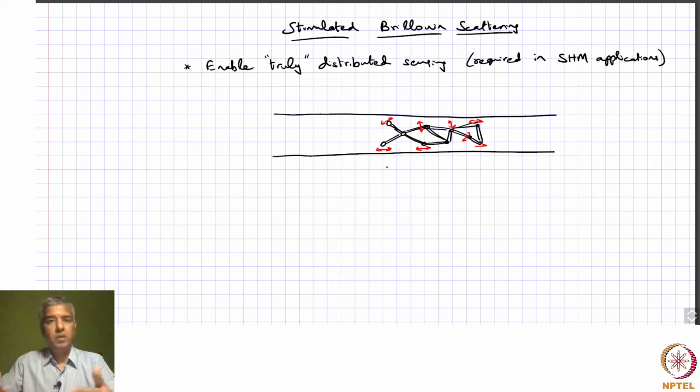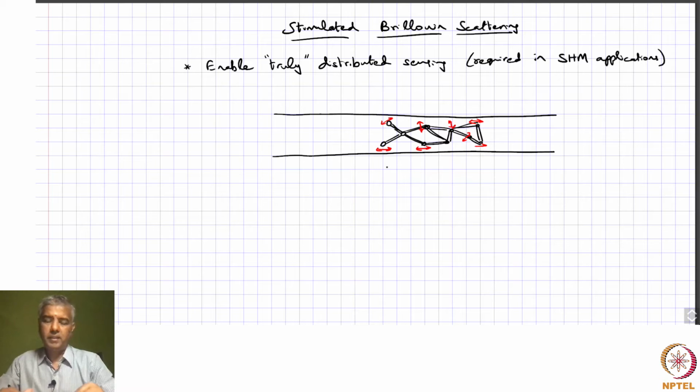So although when you look at a solid material, in this case a glass material, it looks nice and static, inside that material at room temperature there is a lot of activity happening, and one of those is actually these vibrational modes which are called phonon modes. And of course these phonon modes are going to be more active as you increase the temperature, but we are not going there right now. We are just looking at room temperature itself. There is some activity going on.